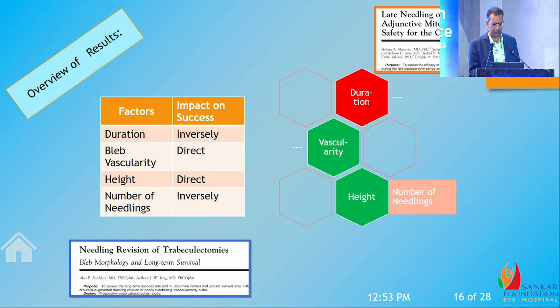Bleb vascularity: the more the vascularity, the more the chances of success, because more the need actually. Bleb height is directly proportional, and the more the number of needlings, it means some factor is there that is not being dealt with, and so chances of success are less.